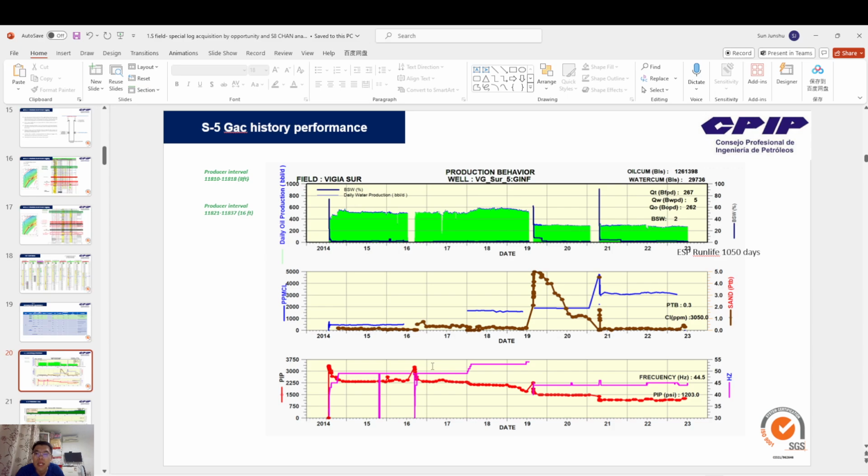This is the S5 Gajita production history. Basically producing very stable. From 2014 around 500 barrels per day without water. After the middle of 2019, the production decreased to 300 barrels per day with very low BSW.